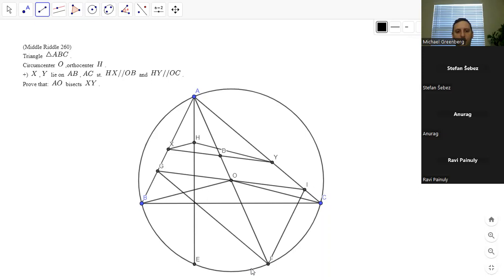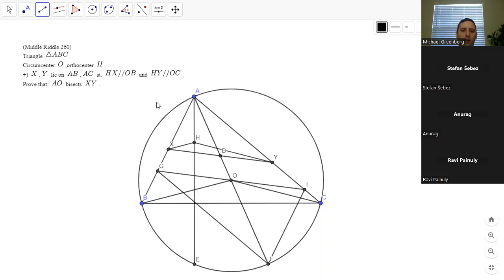But triangles AIF and BFC are exactly similar. Yeah, so IF over AI, which is AG over AI, is equal to FC over FB. Okay, so then that makes it easier.